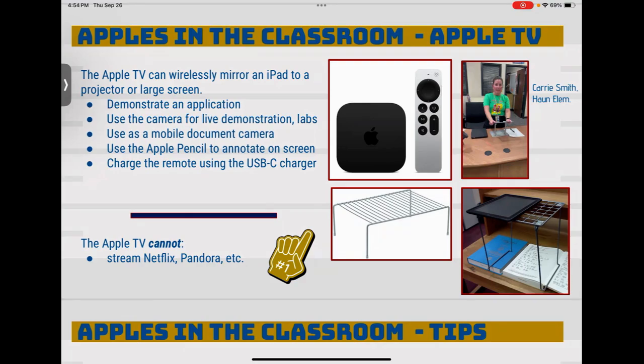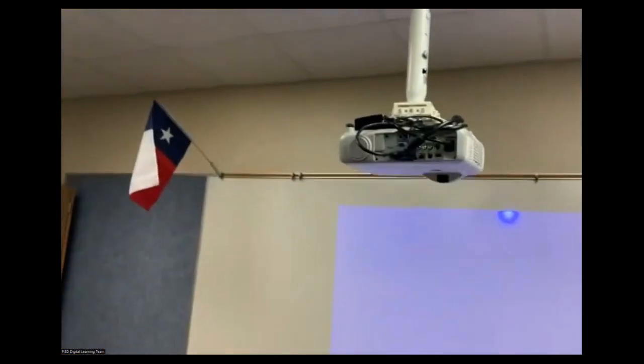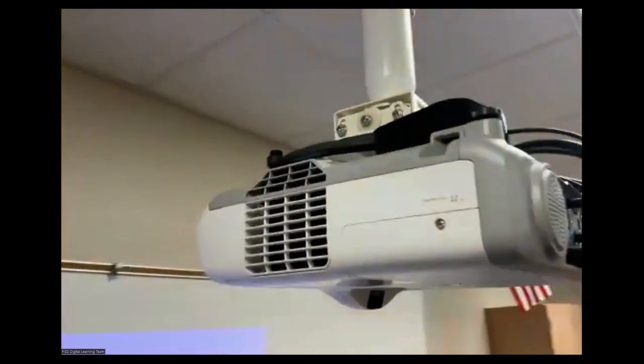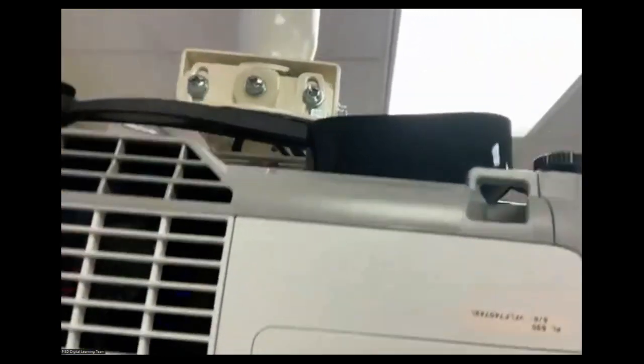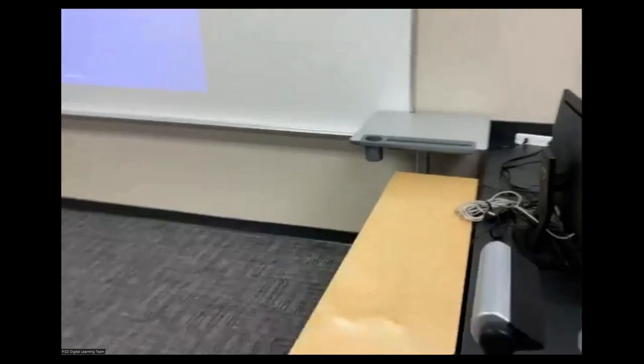All right. So I'm going to take this off for just a second and show you the whole setup. All right, so here's a projector, and the Apple TV, as you can see, is on top. That's the black box that's up there. Now, I had to switch this using the projector remote.